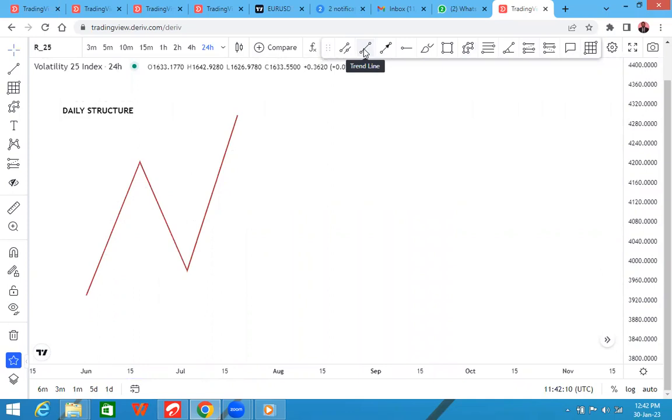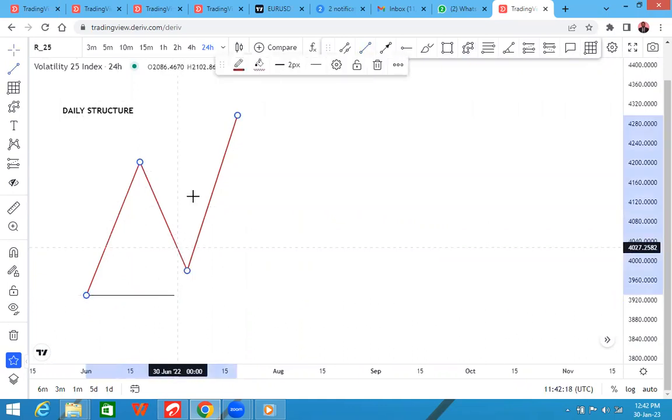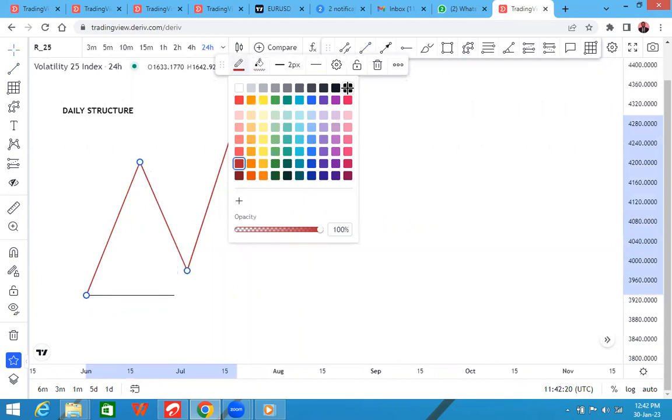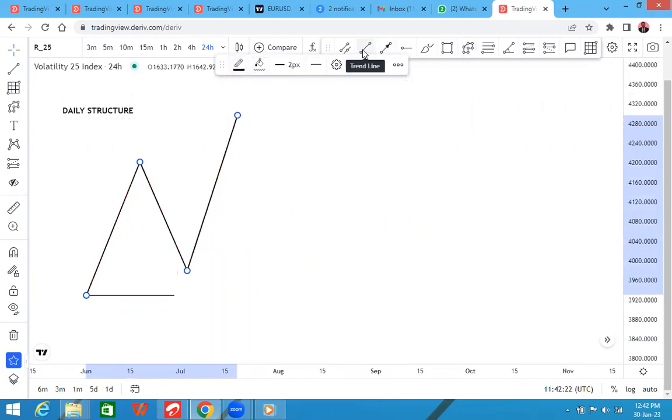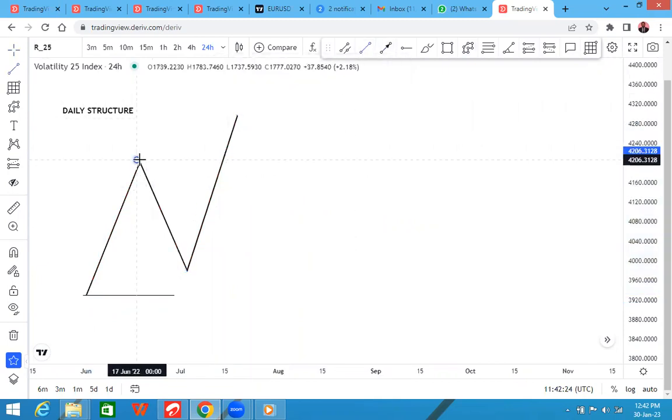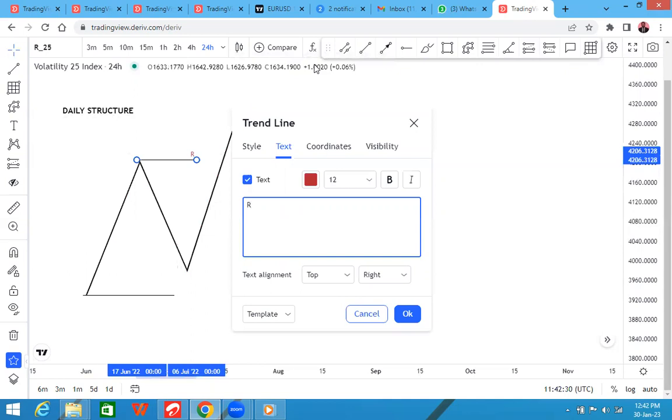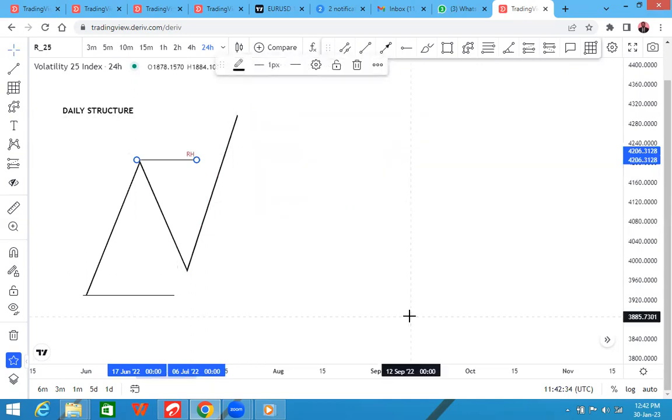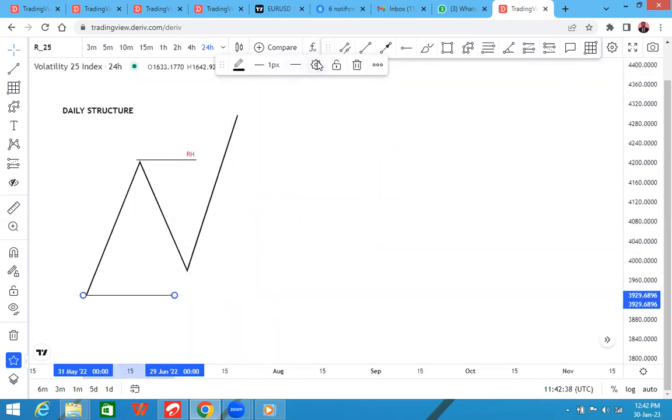We are considering ranges. So first, you mark out your range. This was your range. Top range, down range. Range high. By range high now, you know what I'm talking about. And then range low, down range.